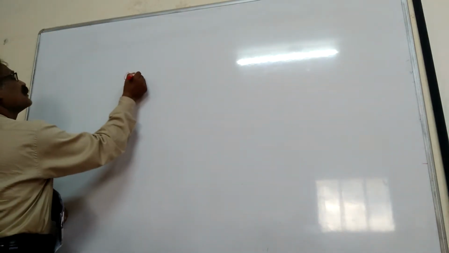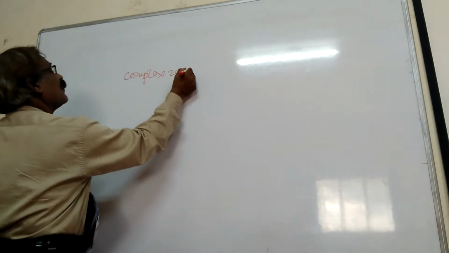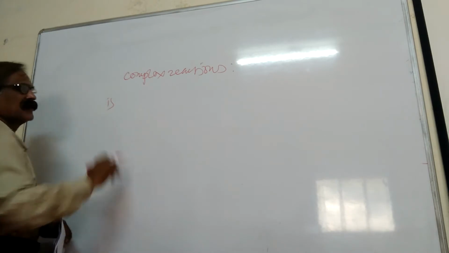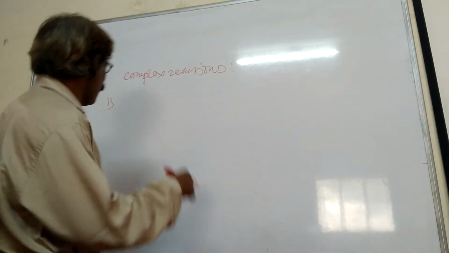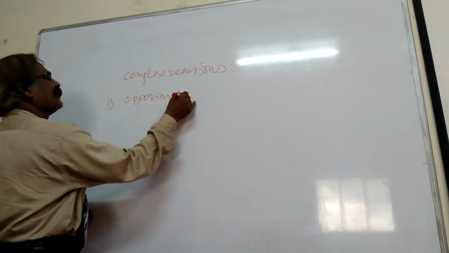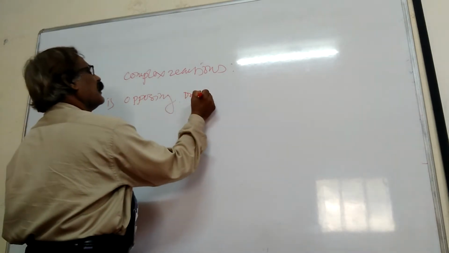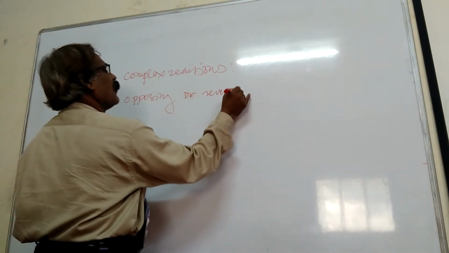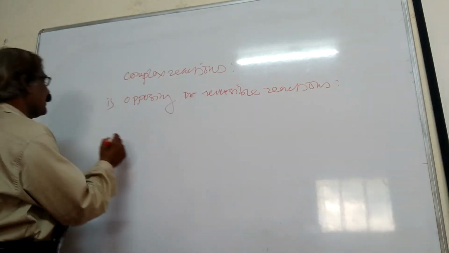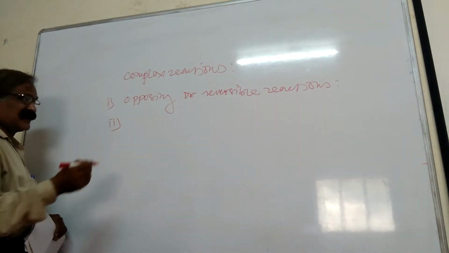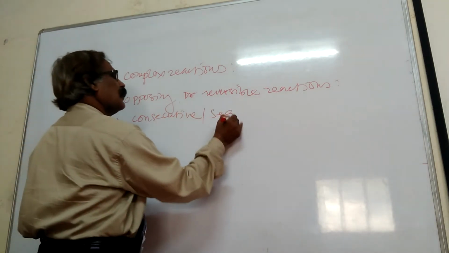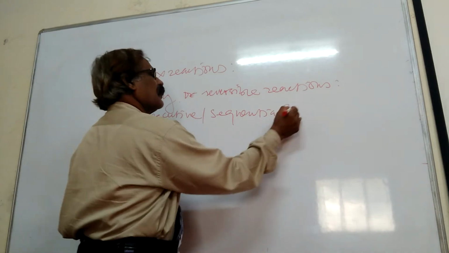So, complex reactions are of different types. The main complex reactions are opposing or reversible reactions. Second important type of complex reactions, consecutive or sequential reactions.